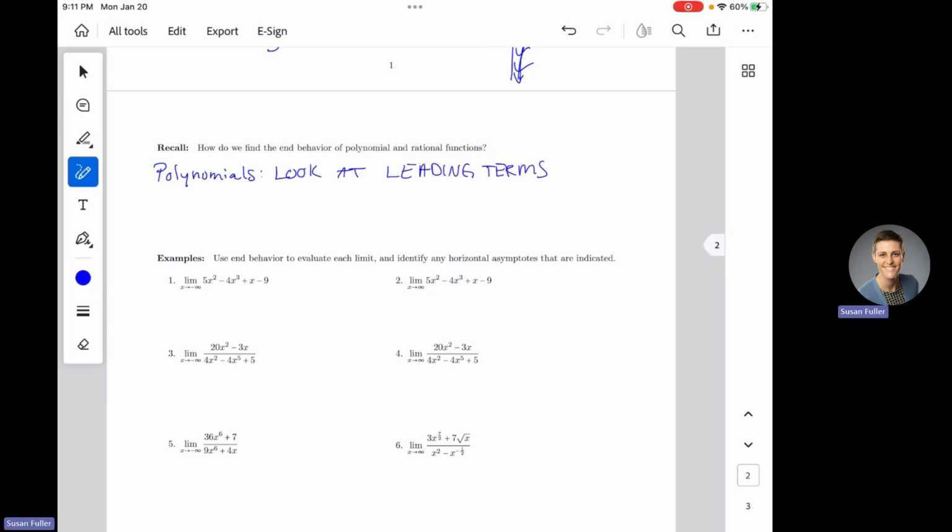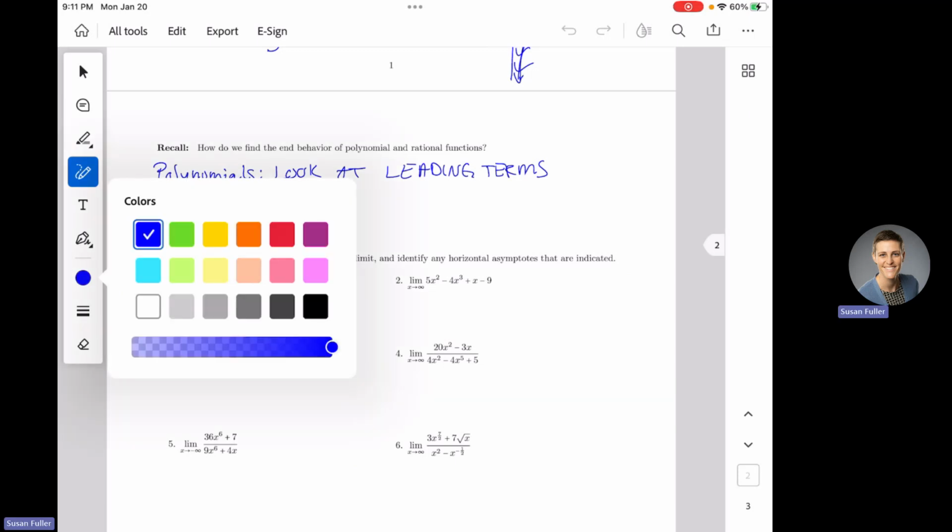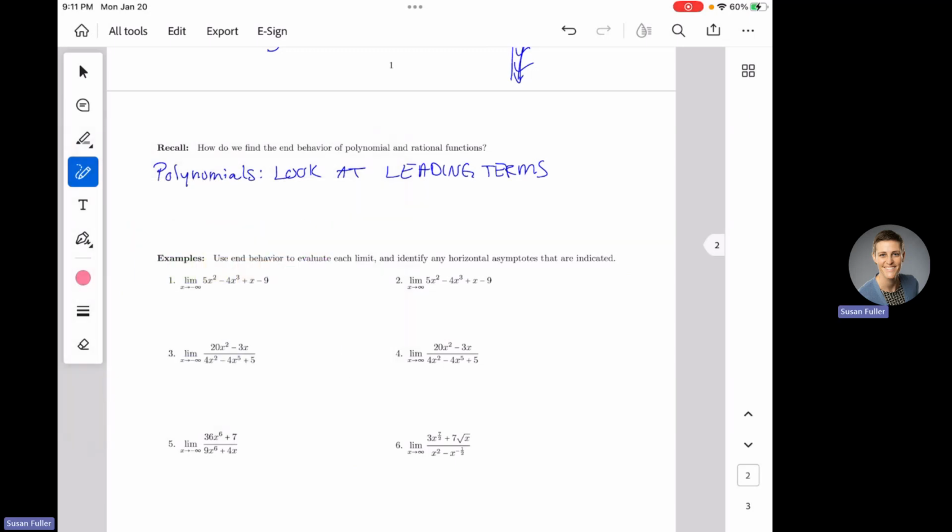Leading term is how we figured out what a polynomial does. Remind me what a leading term means. It's been a while since we've done this. What the heck is a leading term?